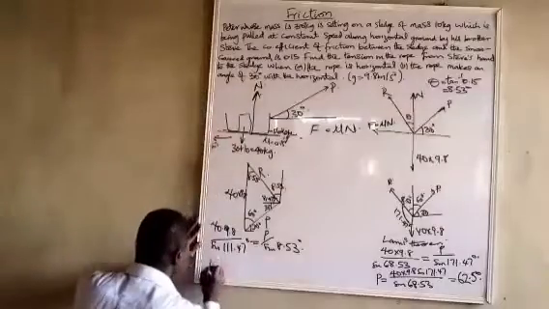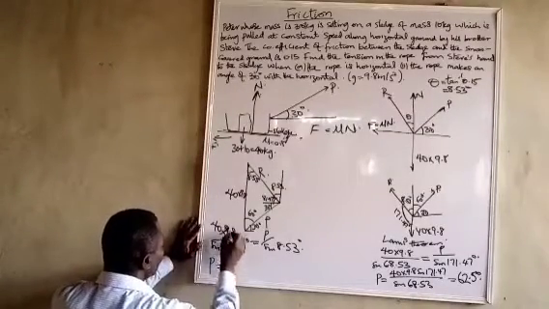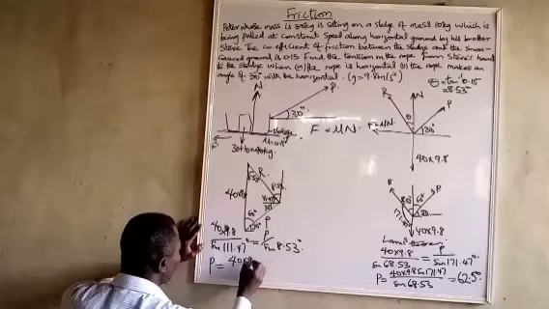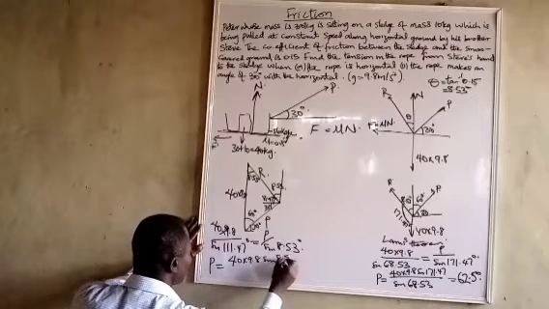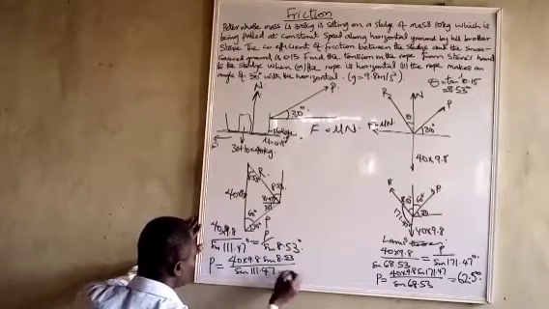Now, P is equal to 40 times 9.8 sine 8.53 over sine 111.47.